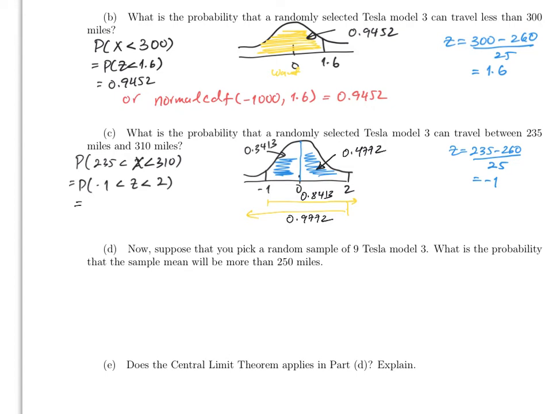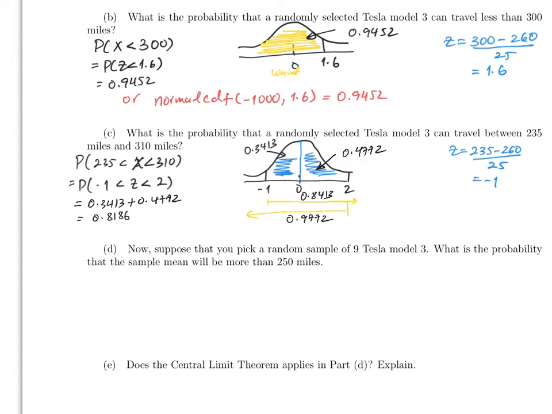So therefore this will be 0.3413 plus 0.4772, which is 0.8186. 0.8186, all right?